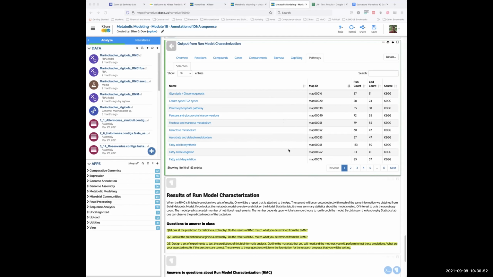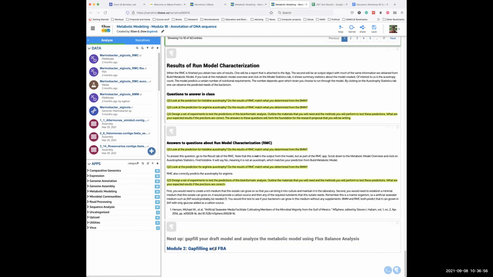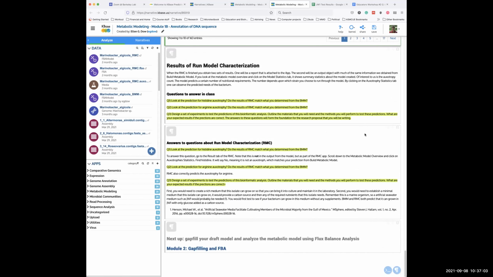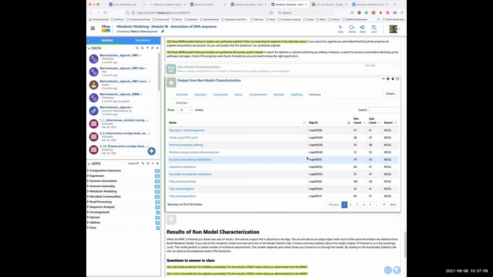No, I don't think that's the one I'm thinking of. It's the one that will predict amino acid pathways, etc. Anyway, if you go through and run model characterization, you'll get those answers for you.